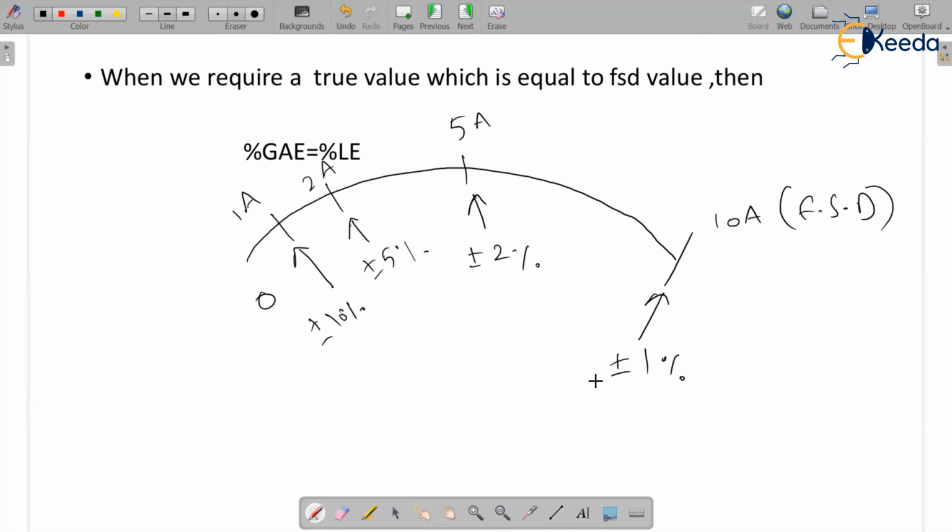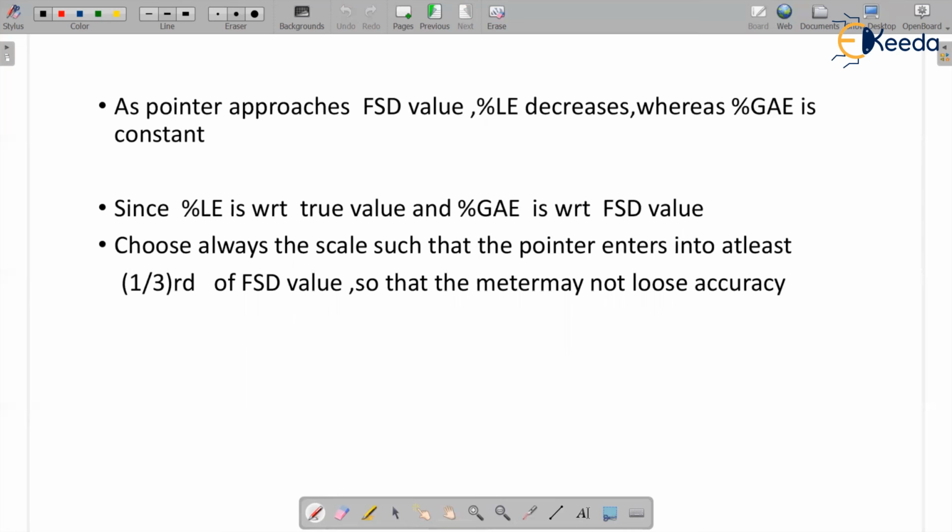Okay, now the same point: as the pointer approaches the FSD value, my percentage limiting error is decreasing, because it goes 10, 5, 2, 1. The percentage limiting error magnitude is decreasing, whereas percentage GAE is constant.